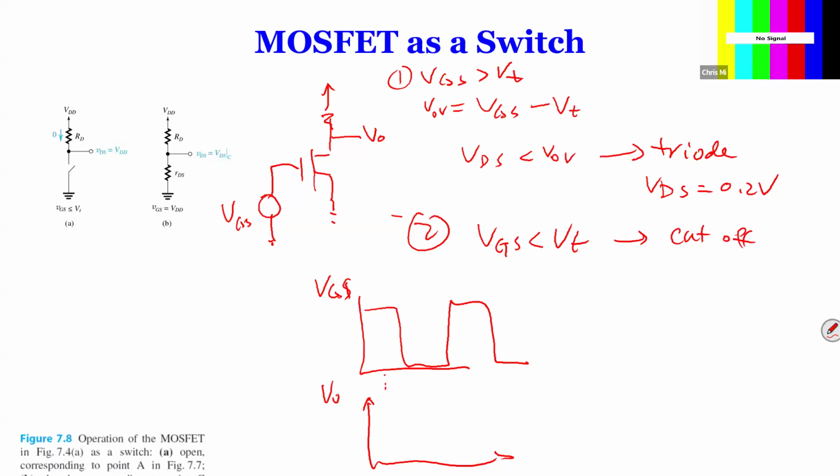When VGS is 0, your output is 0. When your input is big, and then it's like this. Oh, it's the opposite actually. Yeah, it's opposite because when your input is high, the output is 0.3.